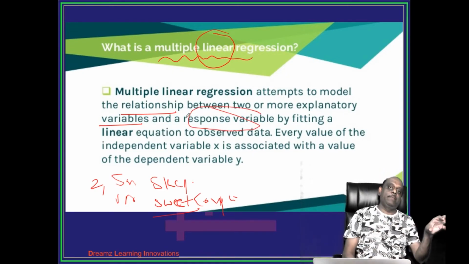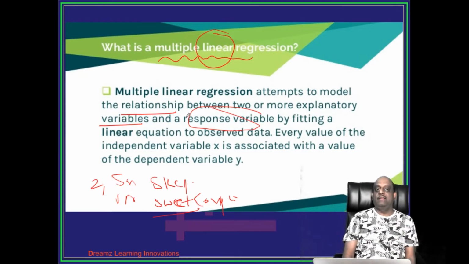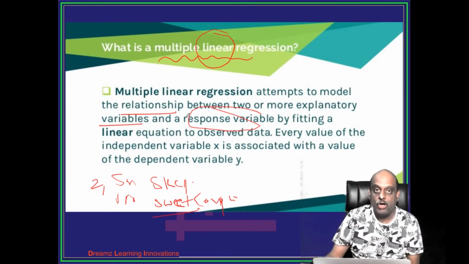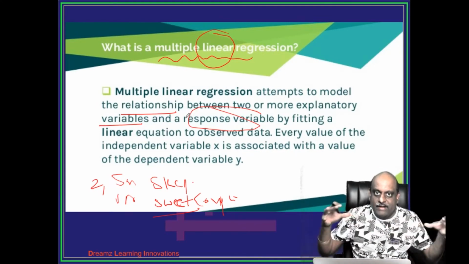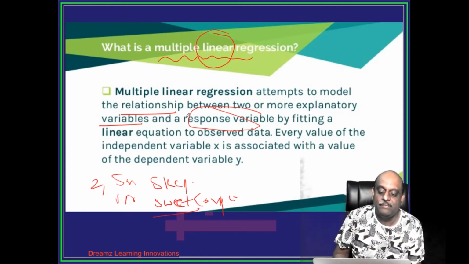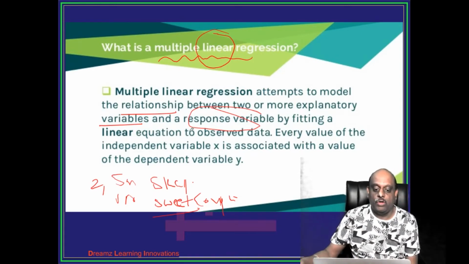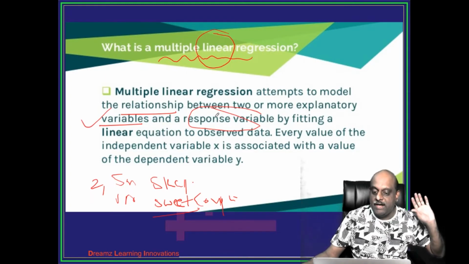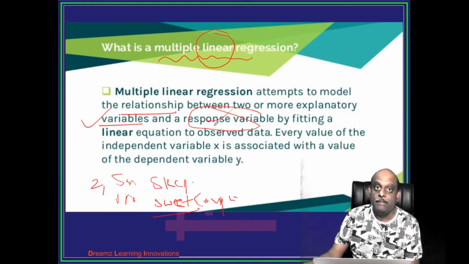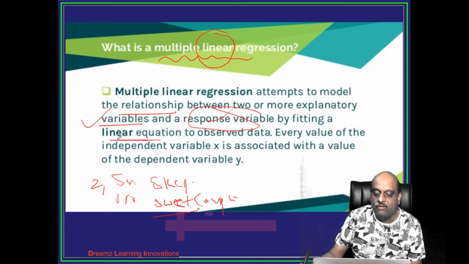What is a response variable? The success of the person or the health of the person is the response variable. These are all the multiple etiological factors influencing that response variable. So it will look at the relation between the explanatory variables and the response variable by fitting them into a linear equation.